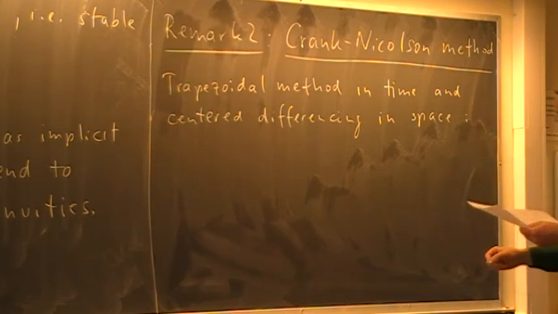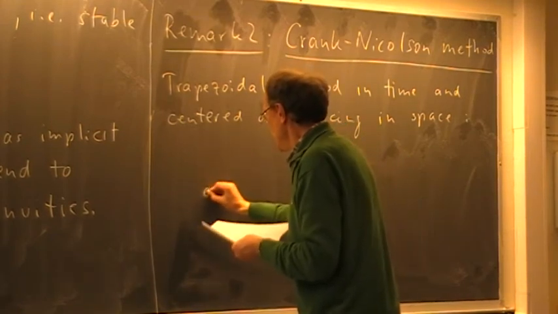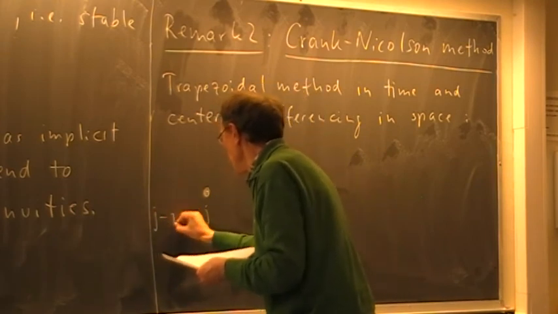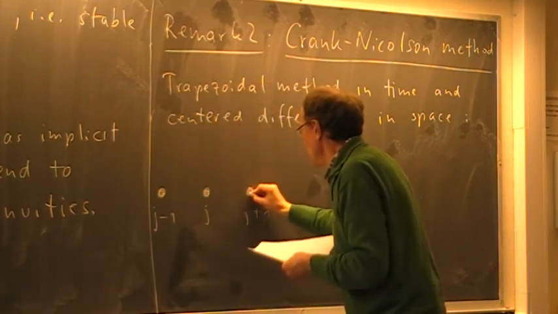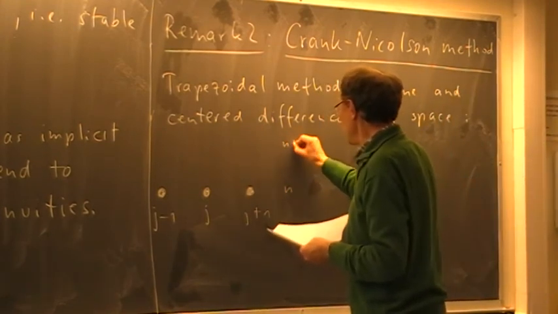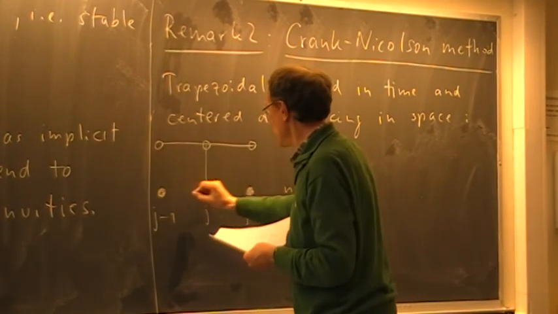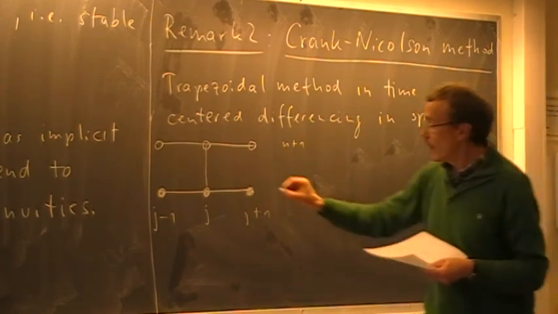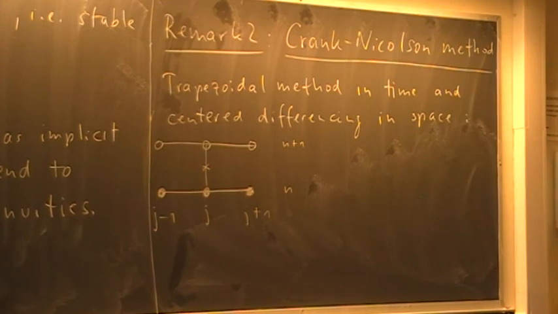And then we get a difference molecule of the kind where we have the j here, the j minus 1 here, the j plus 1 here, and they will be involved. And the same values also at the time level n, and also at the new time level, they will also be involved. So we have this different stencil, and around the midpoint here, the method is second order accurate in space and time. So that is the good thing. But first I should tell you what the method is.